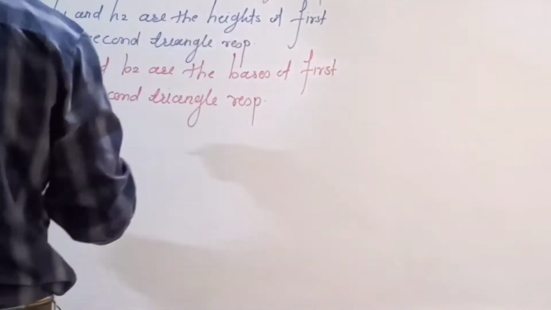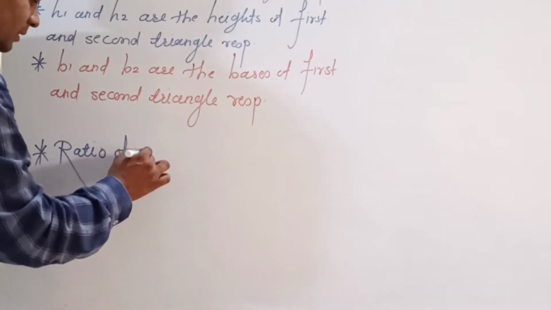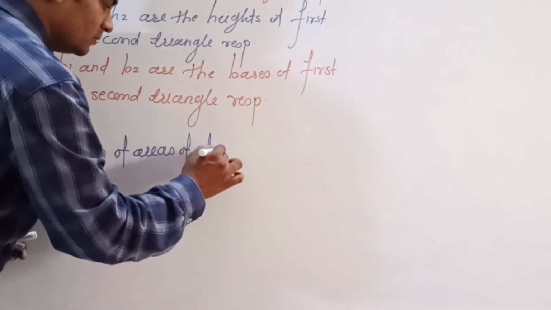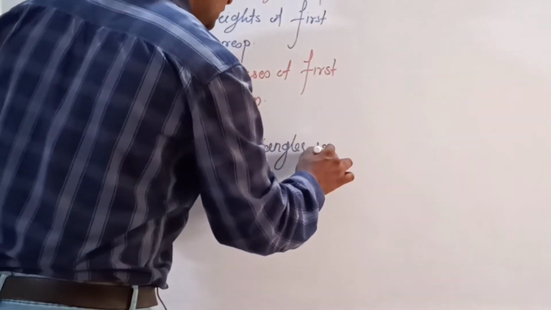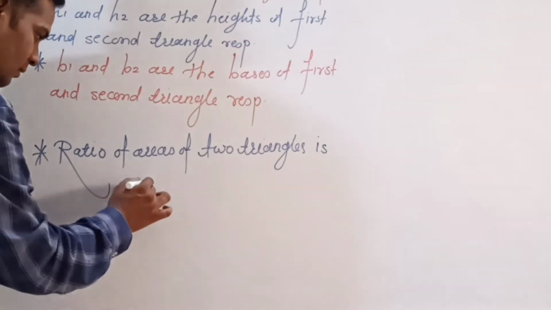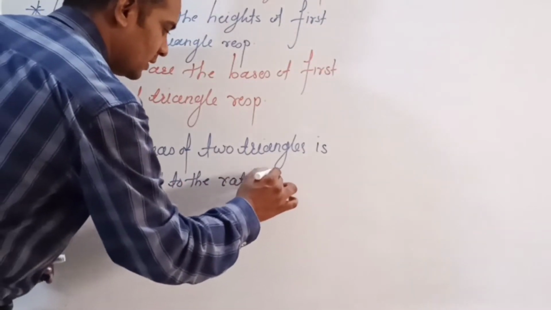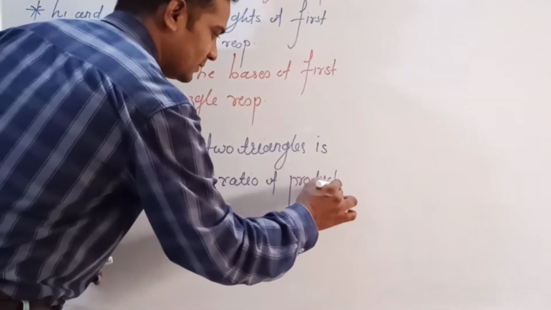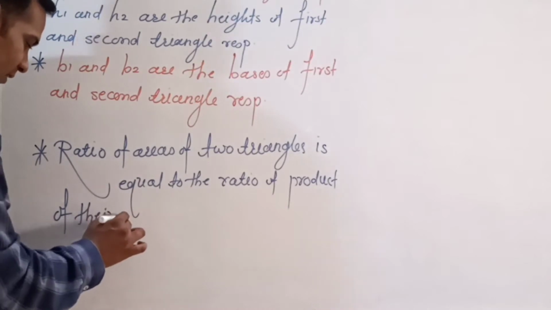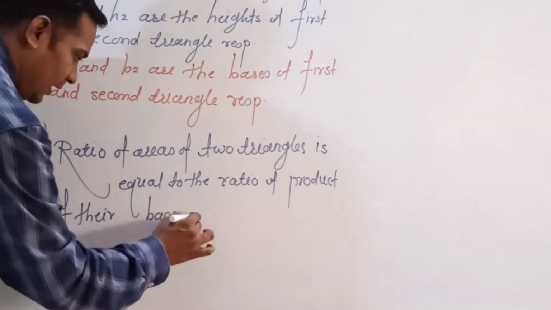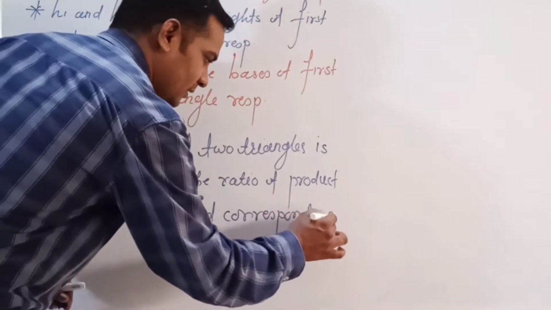The first property is that the ratio of areas of two triangles is equal to the ratio of the product of their bases and corresponding heights.